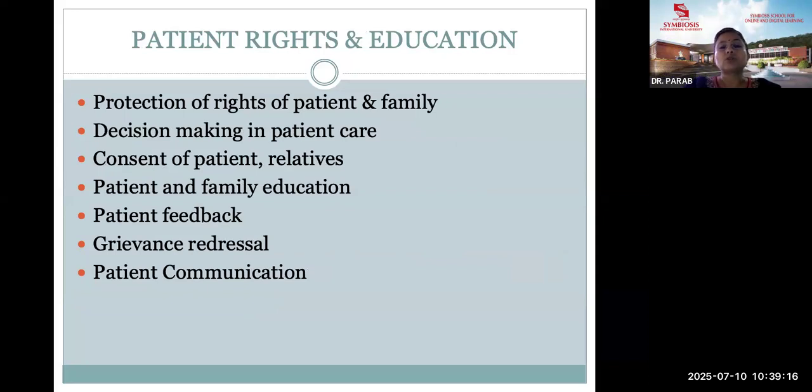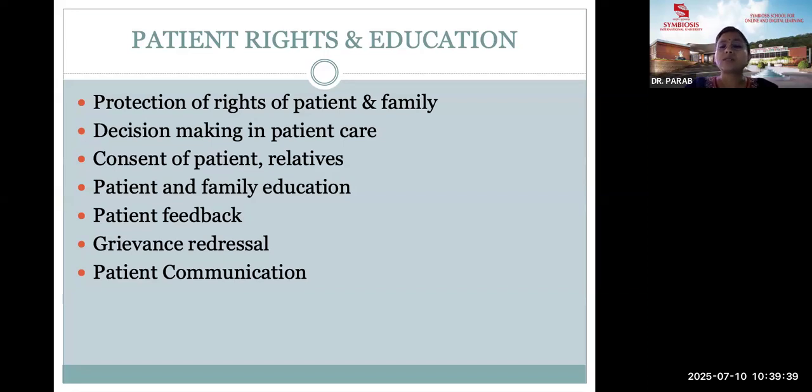The next chapter talks about patient rights and education. So, this is where yesterday I said that the patient is the biggest beneficiary for a few reasons. One of them being that NABH is focusing on patient rights and education of the patient and the family.